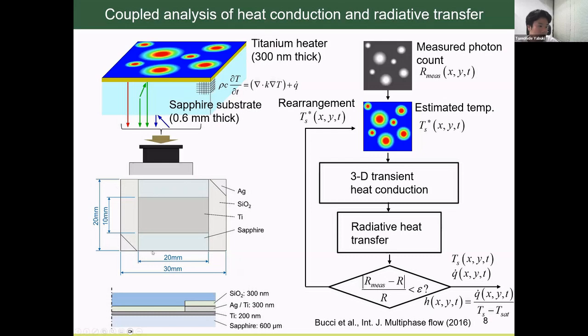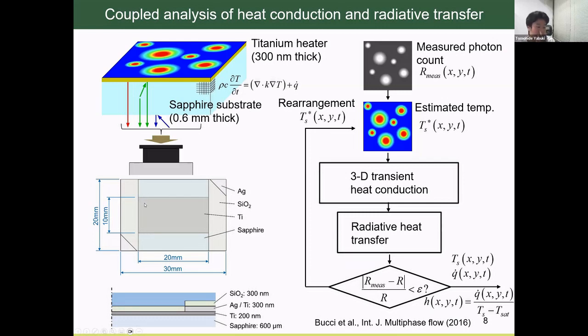This is a schematic of the heated sapphire wall used. This is the sapphire substrate with a size of 20 millimeters by 30 millimeters, and its thickness is 0.6 millimeter. Onto the sapphire substrate surface, we sputtered titanium thin film heaters with a size of 20 millimeters by 10 millimeters.